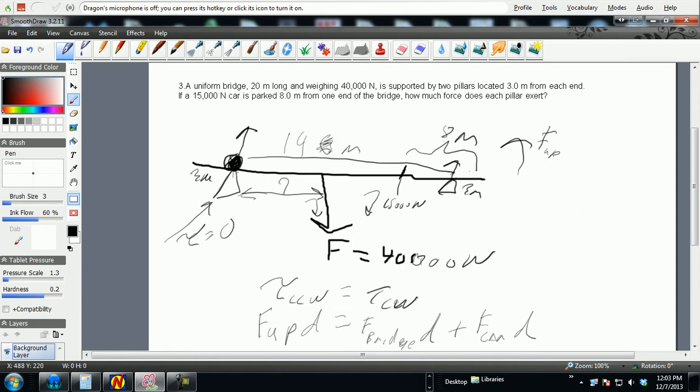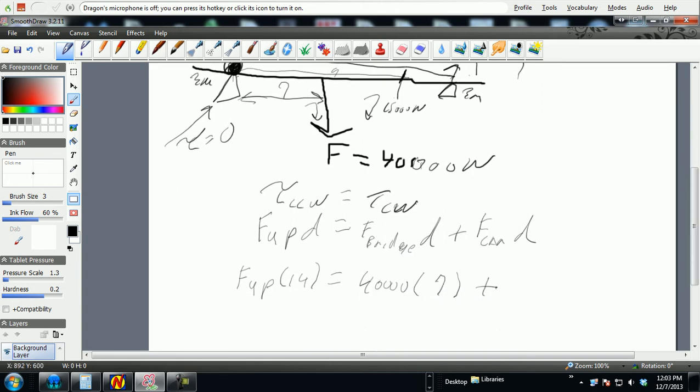That gives us 12 left. Take away 3. So that means his distance right here should be 9. 9 plus 3 is 12. 12 plus 8 is 20. So he's 9.